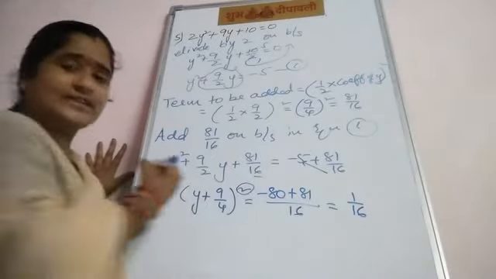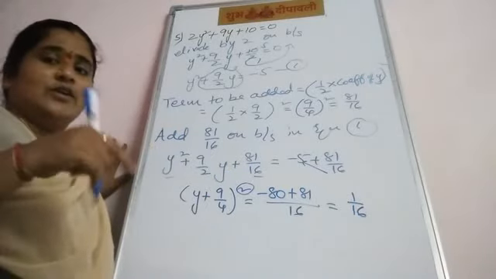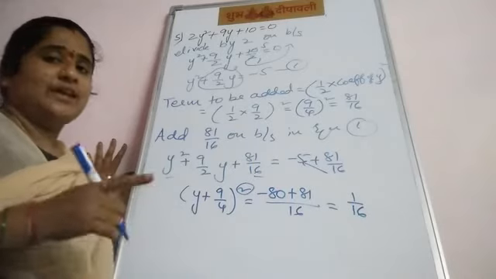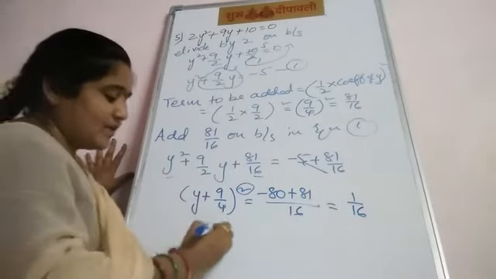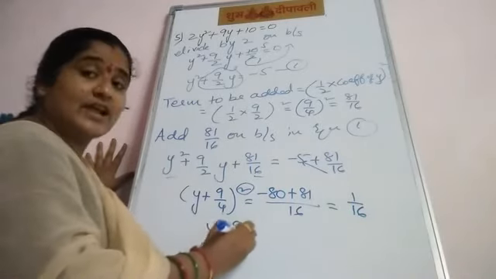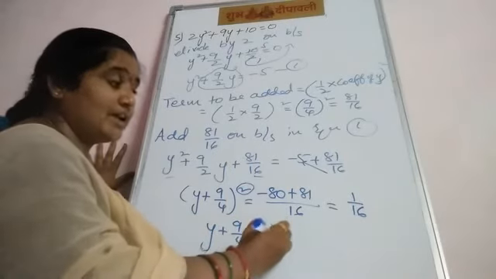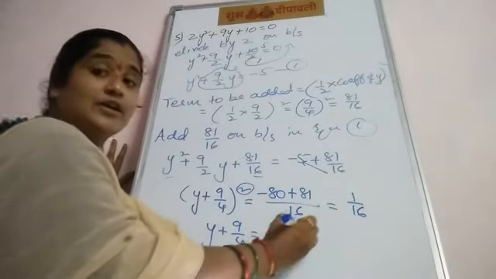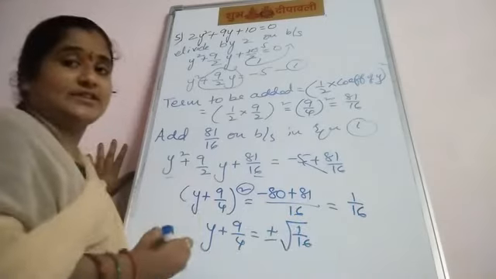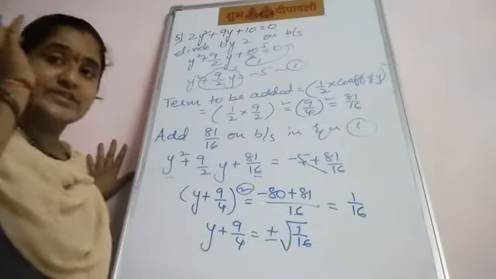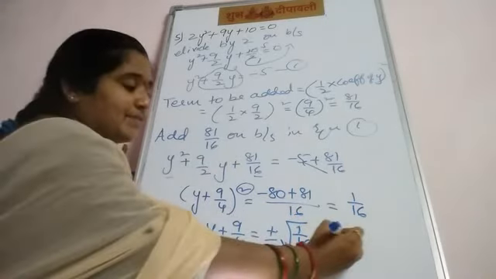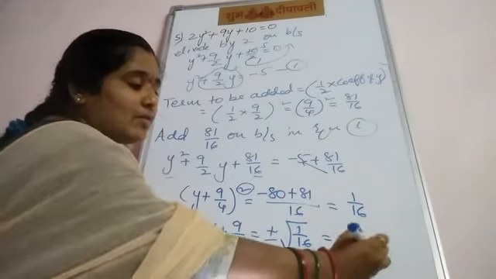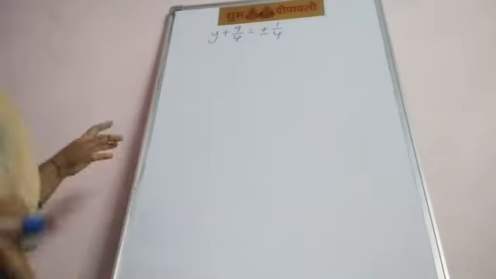Here it is a square, so when you apply the square root rule, plus or minus. y plus 9 upon 4 equal to plus or minus under root 1 upon 16. What is the square root of 16? 4. Plus or minus 1 upon 4.